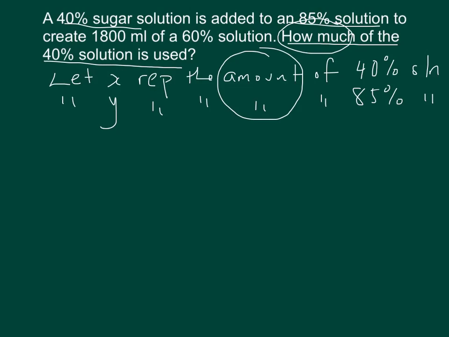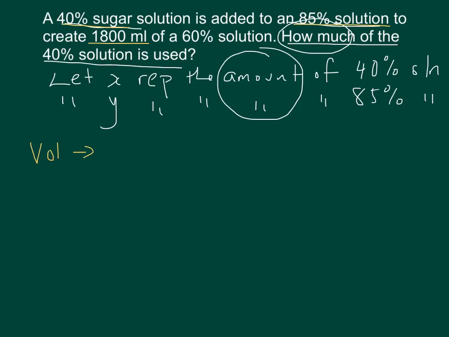Now with that, we're going to come up with a couple of equations. One of the big things is that we know the 40% solution is added to the 85% solution, and it's going to create 180 milliliters. So the first thing I can start with is the volume.